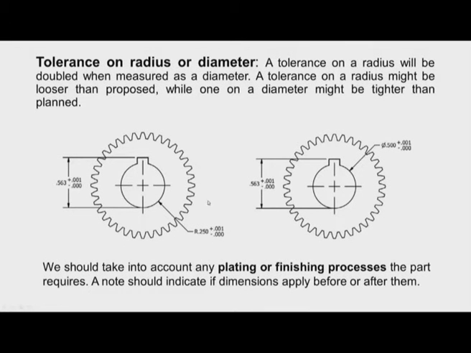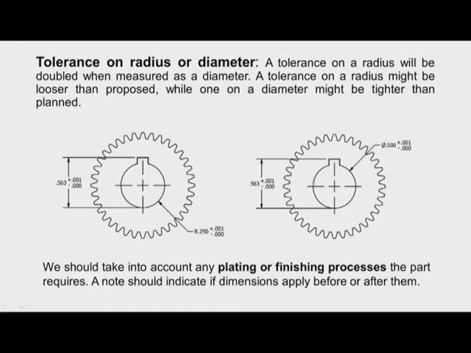Now another important point to be considered is whether the tolerance is specified on radius or diameter. In this picture you can see the tolerance is provided on the radius: 250 plus 0.001 mm, minus 0.